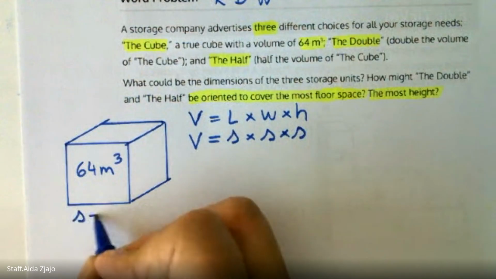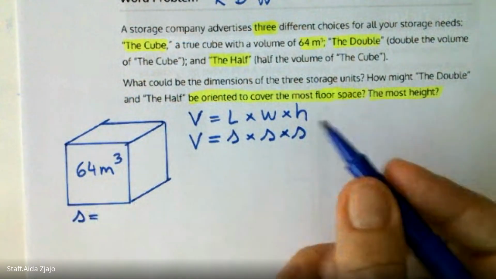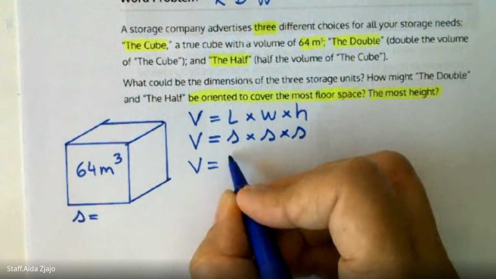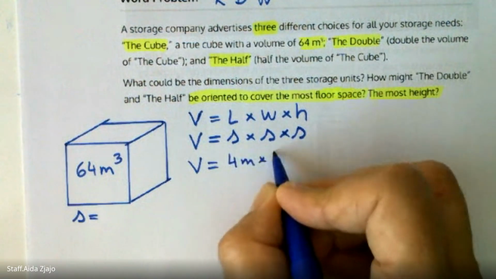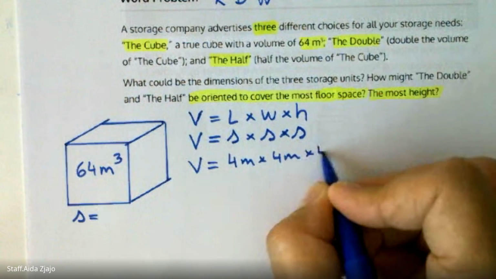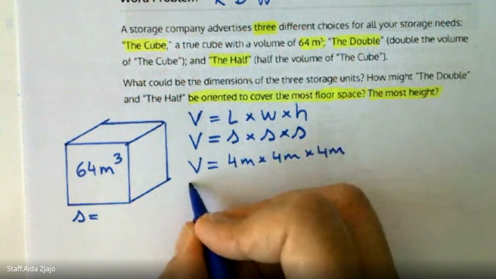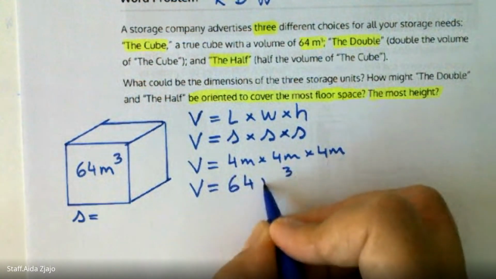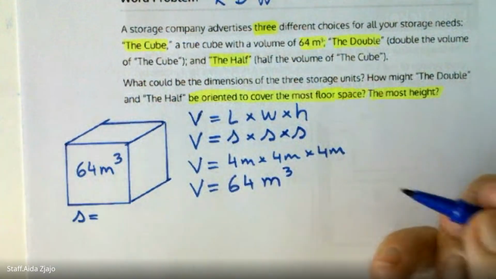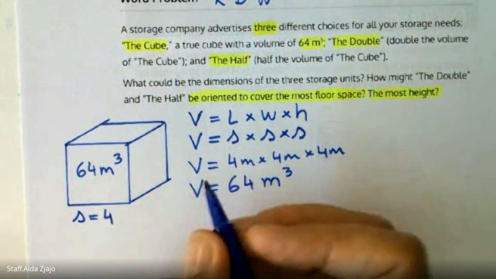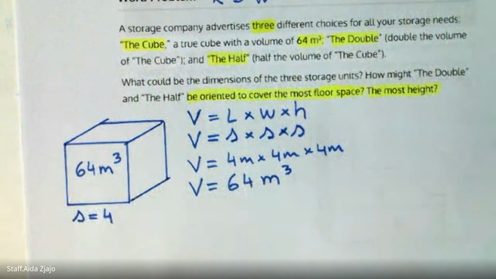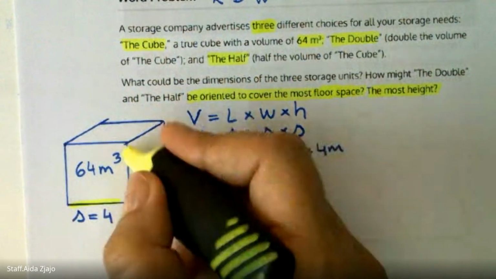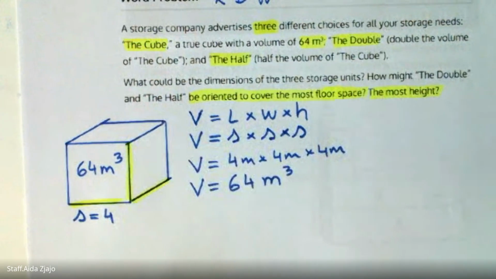So s in this case, if I multiply 4 meters times 4 meters times 4 meters, I will get 64 cubic meters. So s has to be 4. Every side here, the length is 4, the width is 4, and the height is 4 as well.